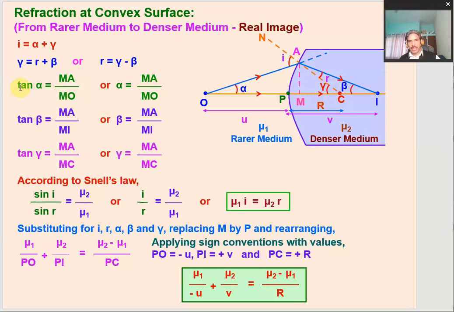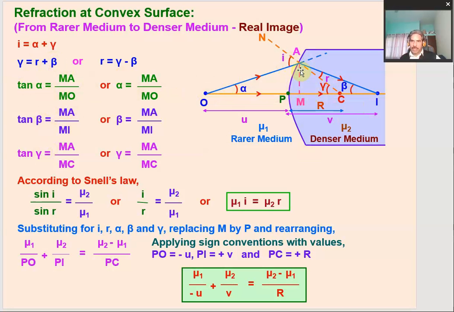Alpha is very nearly equal to tan alpha, beta is very nearly equal to tan beta, and gamma is very nearly equal to tan gamma. We will write the values of alpha, beta and gamma from triangles OAM, AMI and AMC. AM will be common to all three triangles, and from these three triangles we will find the values of tan alpha, tan beta and tan gamma, which are nothing but the values of alpha, beta and gamma here, right?